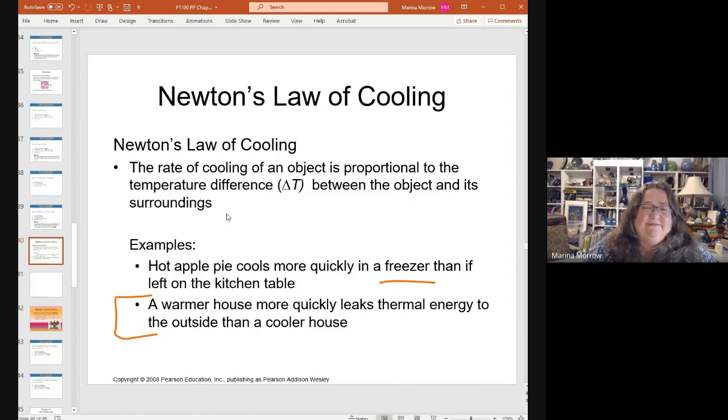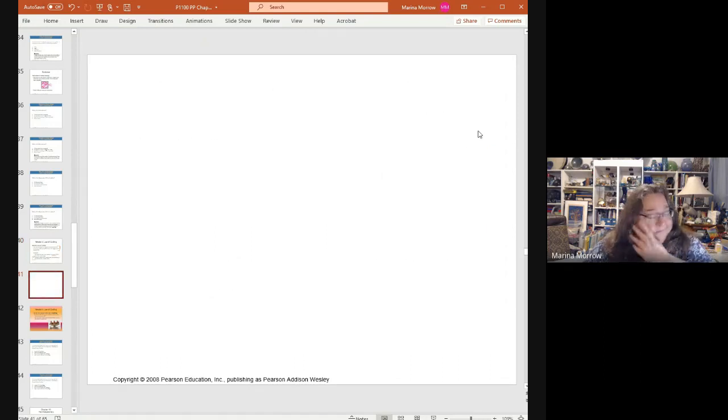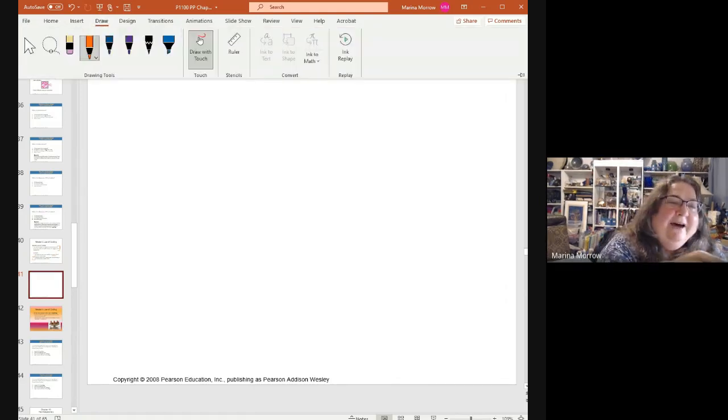Okay, but let's see how Newton's law of cooling works. So back to this: the rate of cooling is proportional to the temperature difference between the object and its surroundings. Let's do an example, because this is like something you might have on a test.